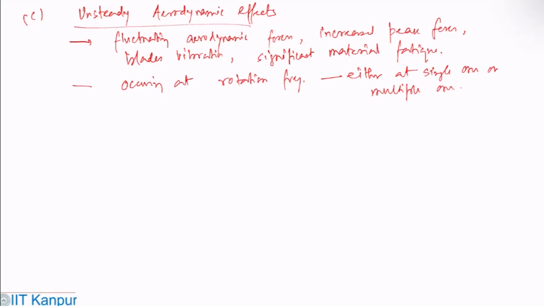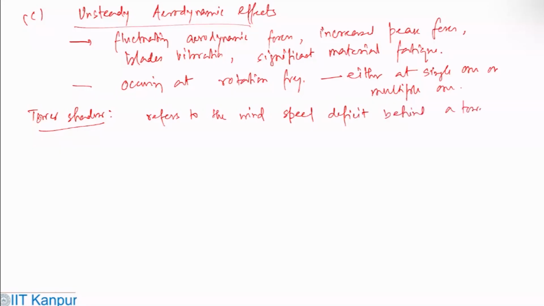Now what we refer to as tower shadow refers to the wind speed deficit behind a tower caused by the tower obstruction.